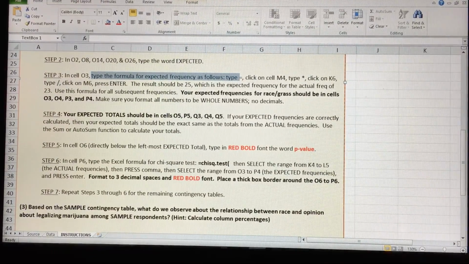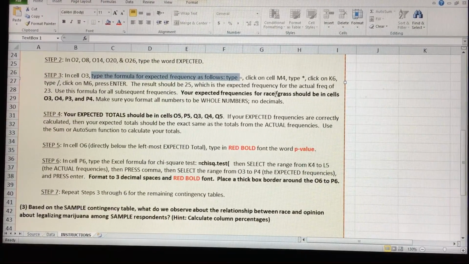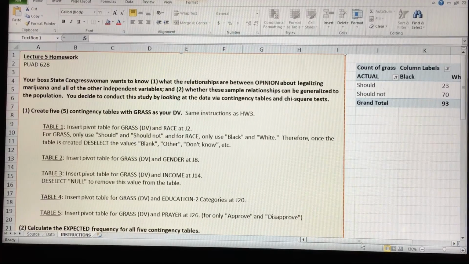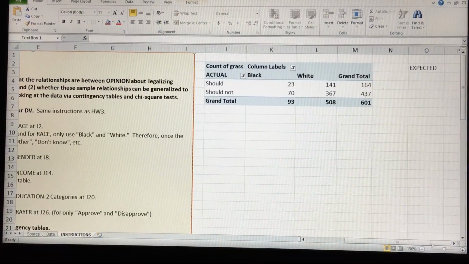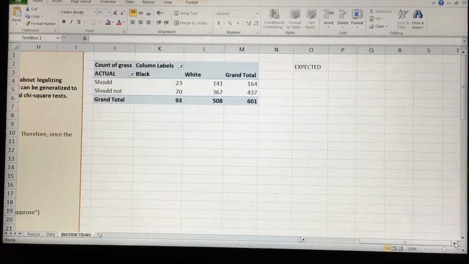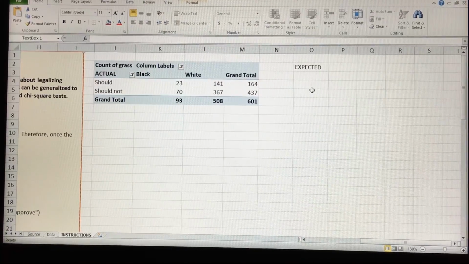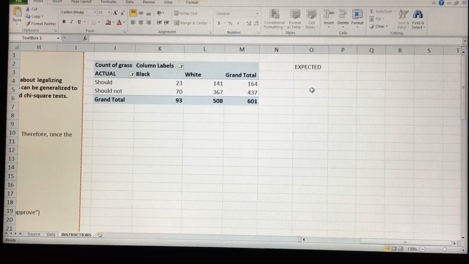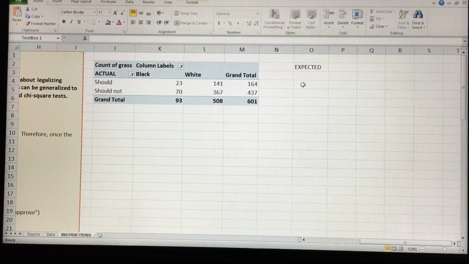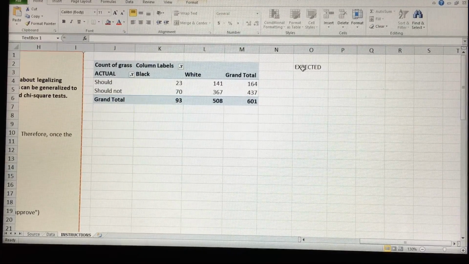But we know how to do this because we're going to go up here. Expected frequency equals what? It should roll off your tongue as row total times column total divided by total total.